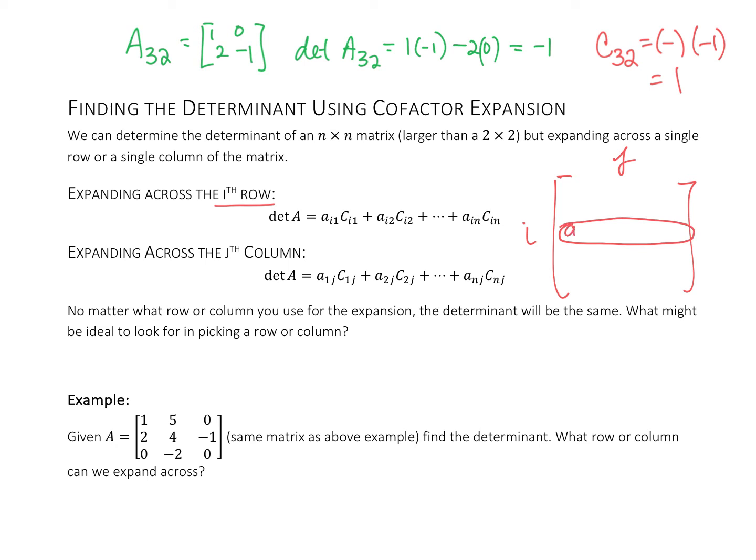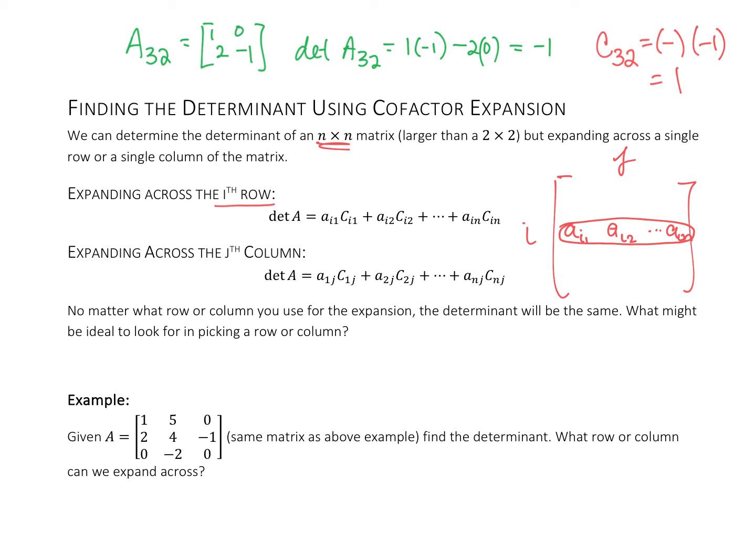So here's our Ai1, here's Ai2, Ain. And again, it needs to be a square matrix. If it's not a square matrix, we got issues. So we're going to take the values in each of those positions and multiply them by the cofactors that correspond to each of those positions.